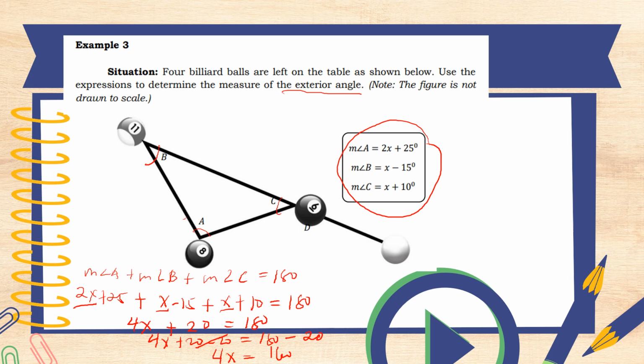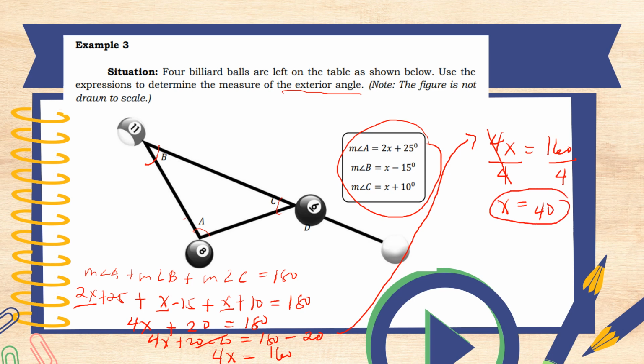We now have 4x equals 160. Applying the division property of equality, let's divide both sides by 4. 4x divided by 4 is x. 160 divided by 4 is equal to 40. So x is equal to 40.